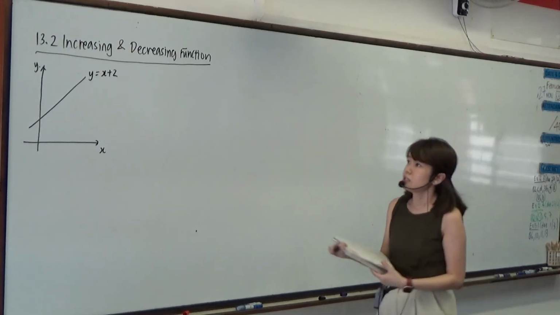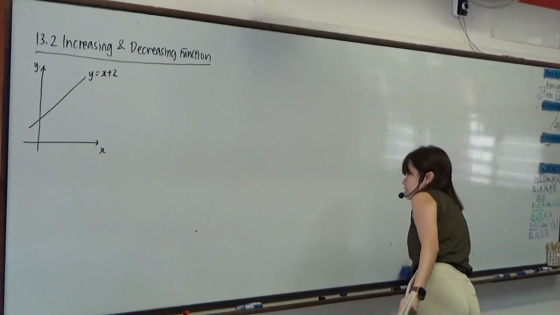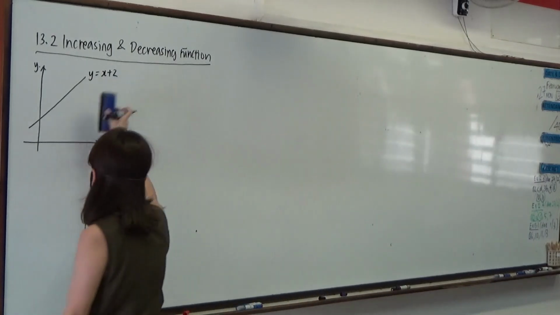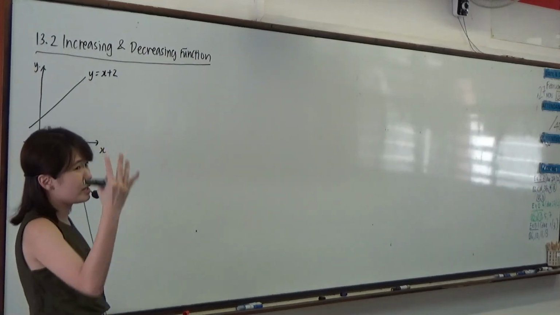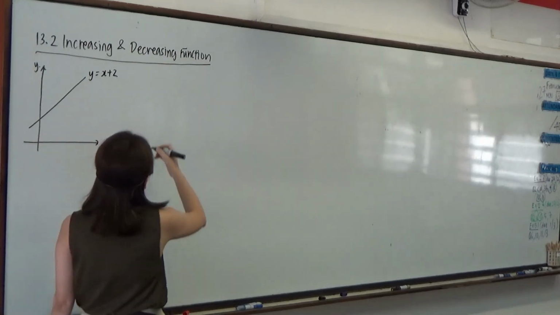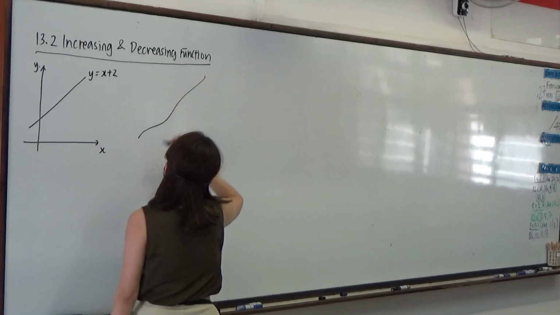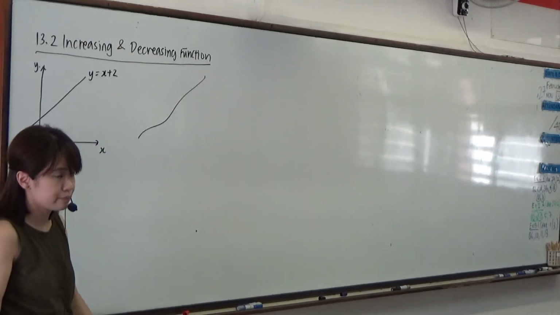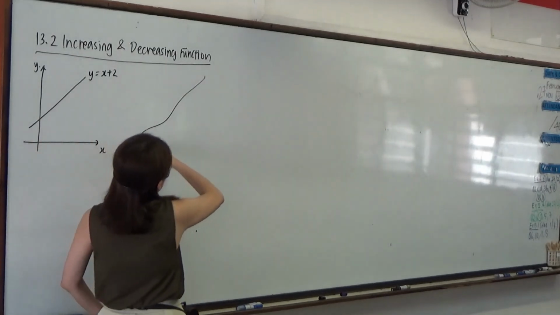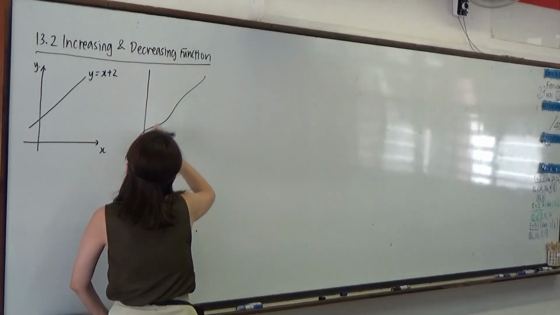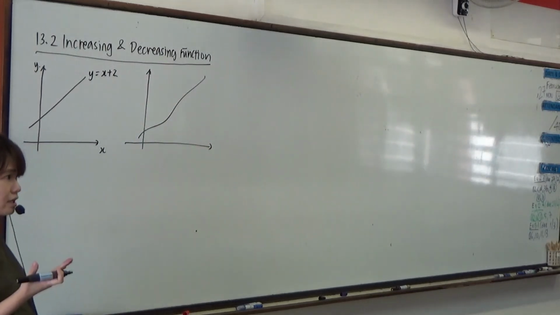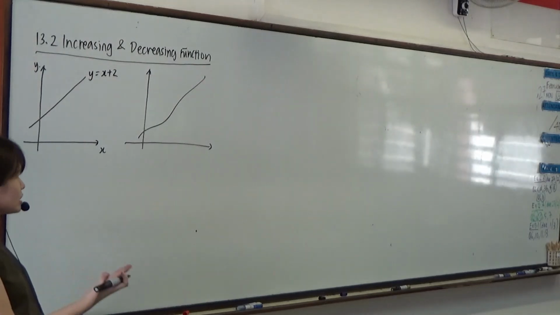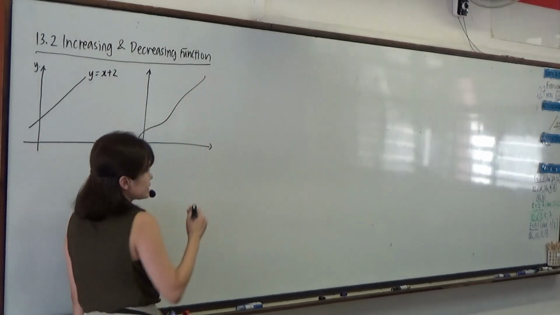So, now, increasing and decreasing functions. A very typical increasing function is y equals to x plus 2. But if you want a very generic image to have in mind, you can think about it as anything that is going upwards. As long as I have an increasing function that is somewhat going upwards, how do we understand the gradient of all the tangents found on this curve?